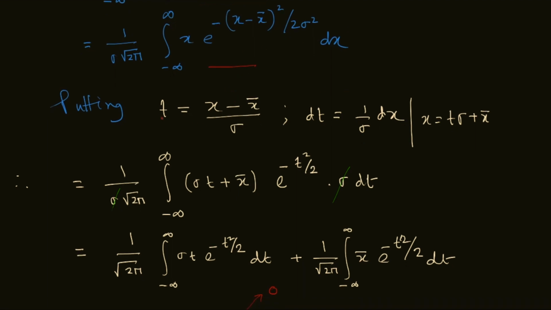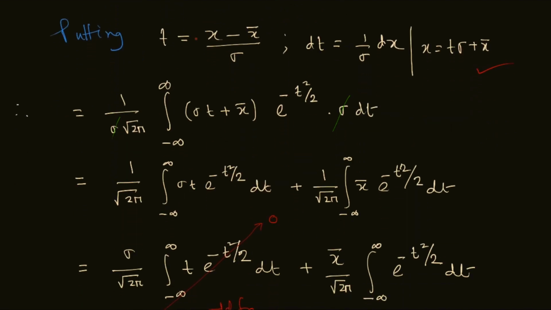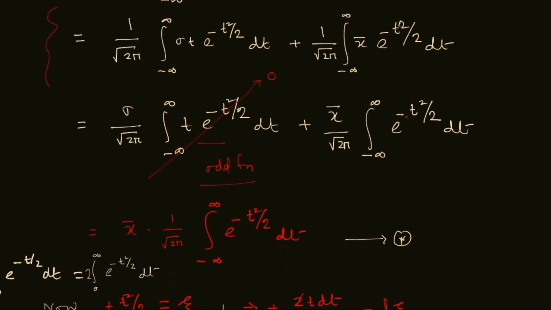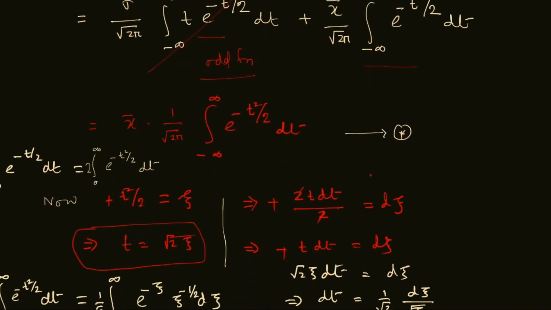I am putting the variable in terms of t with a standard substitution, and after some simplification it becomes an odd function, which gives the value 0, and only these terms remain.